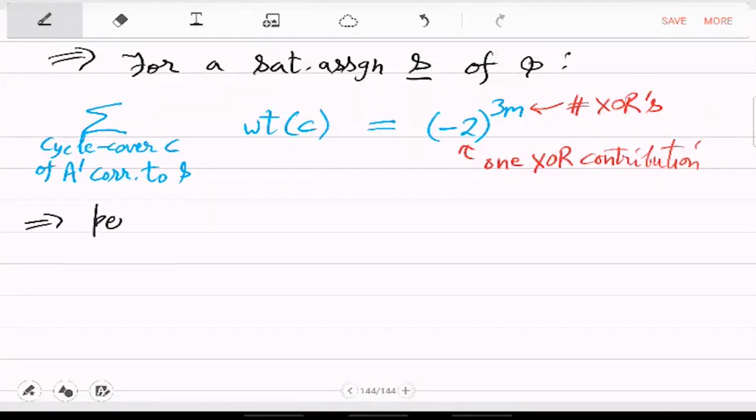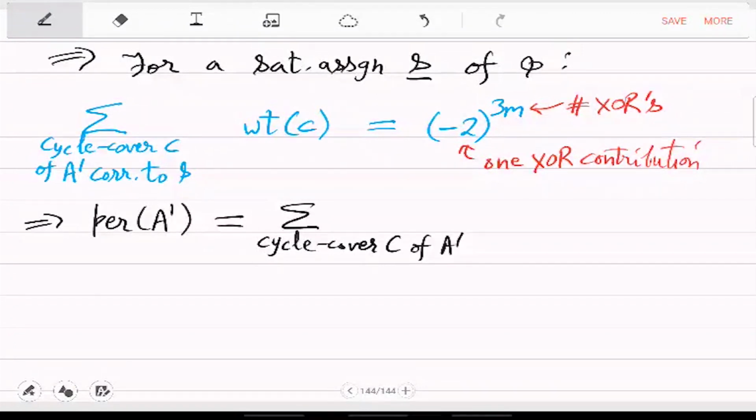So permanent of A prime is sum over cycle cover C of A prime, summing over these weights, which is just the above thing multiplied by the number of satisfying assignments.